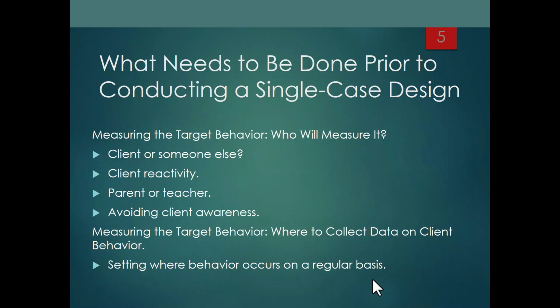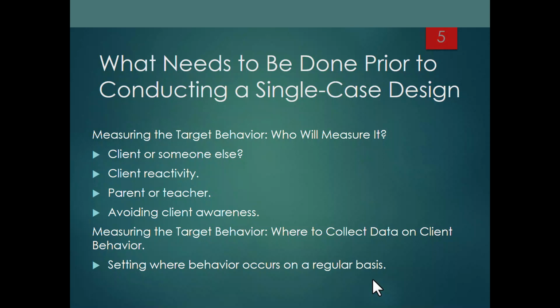The client's awareness that the behavior is being measured may make them change their behavior. So it's important that the observer observes the client without any distractions, without the client really noticing that they're being observed.